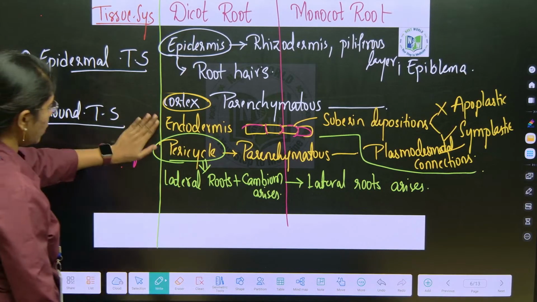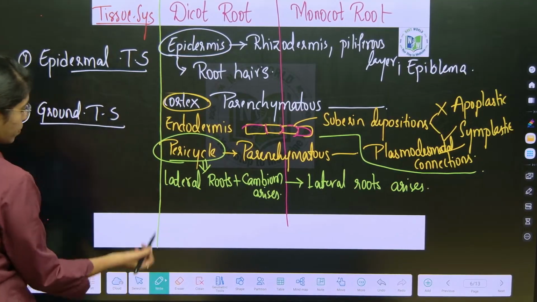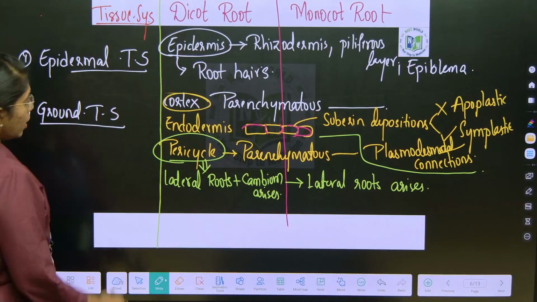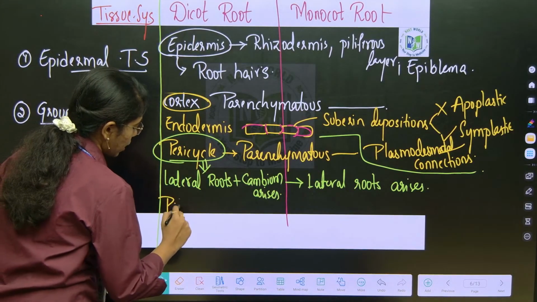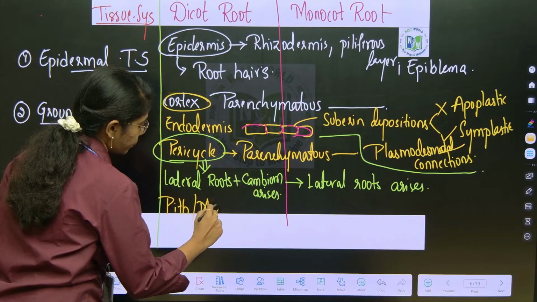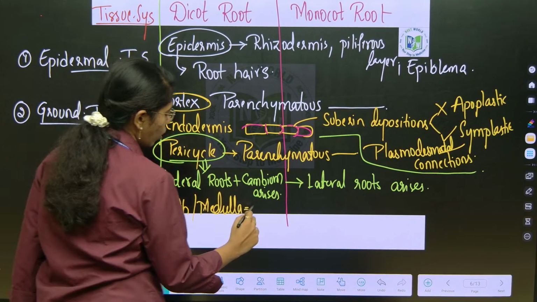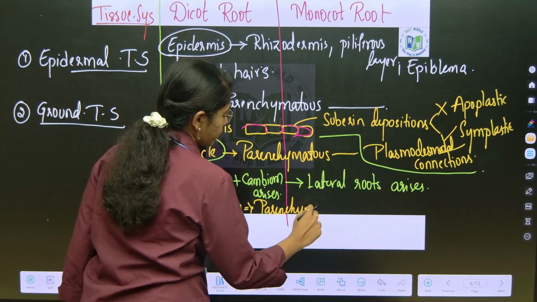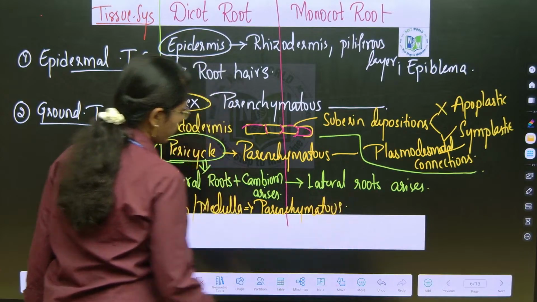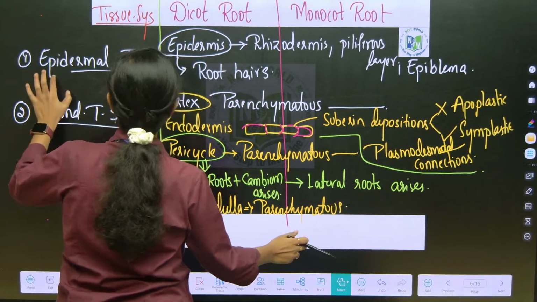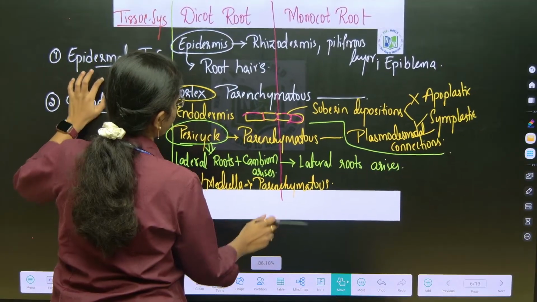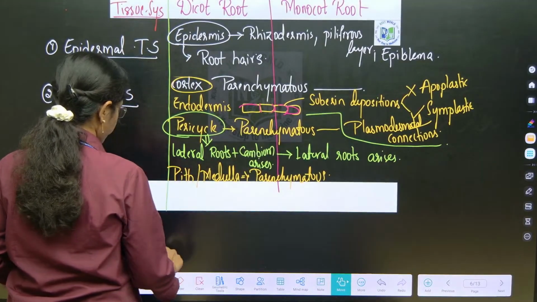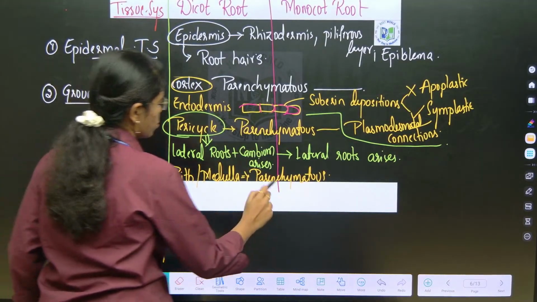After pericycle, under the ground tissue system, pith is included, pith or medulla. Pith or medulla is again parenchymatous. And then we are going to learn the vascular tissue system.